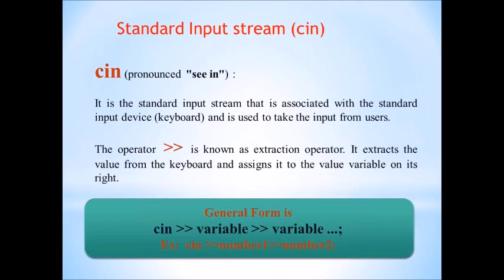The general form for cin is cin, extraction operator, variable, your program variable. Similarly, another variable 2. If you observe the example, in your program two variables are there, number 1 and number 2. Those two variables are to be read from the console, that is the input device, by using the statement cin extraction operator number 1 and number 2.